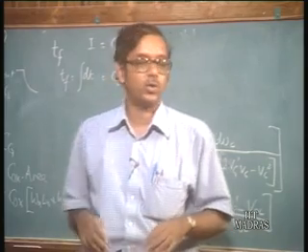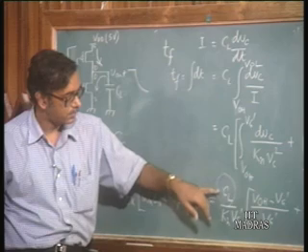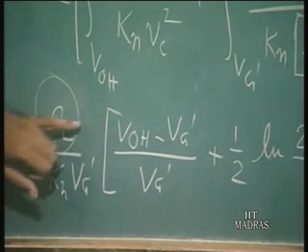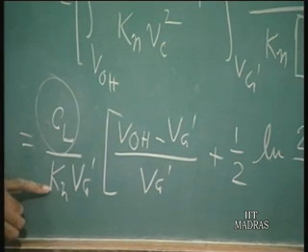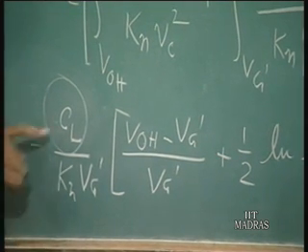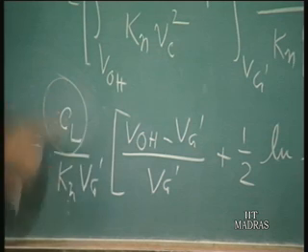If you look at this expression again, the load CL is proportional to L, so CL increases with an increase in L, whereas Kn is proportional to W by L, so Kn reduces with an increase in L. So CL is proportional to L, Kn is inversely proportional to L, and CL by Kn will be proportional to L squared.